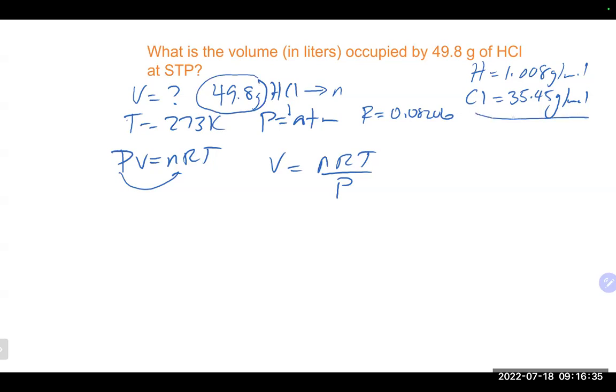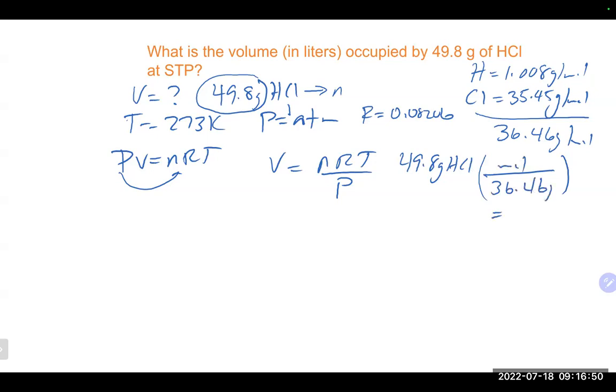We add the atomic masses together, which gives 36.46. That gives us 49.8 grams of HCl divided by our molar mass, 49.8 divided by 36.46, which looks like 1.37 moles. So our volume would be 1.37 moles times our R.